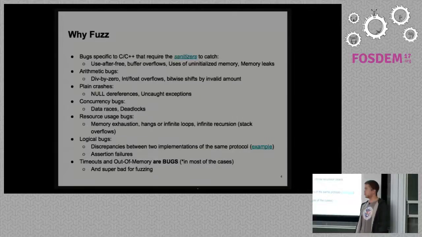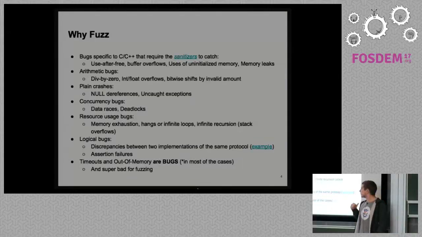Not all troubles in the project, but all types of these problems can be found. And it is also useful for finding logical bugs, but it requires some smarter approach to your fuzz target. I will show some examples later.